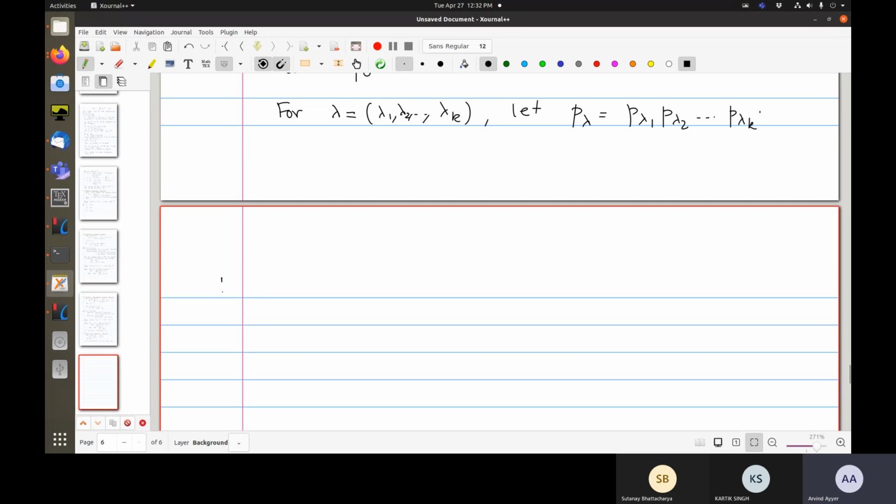And again, let me go through the same example as before. n equals 2, 3 variables.